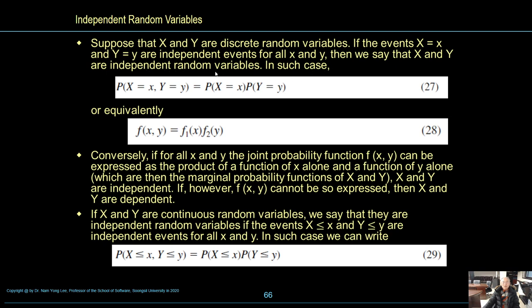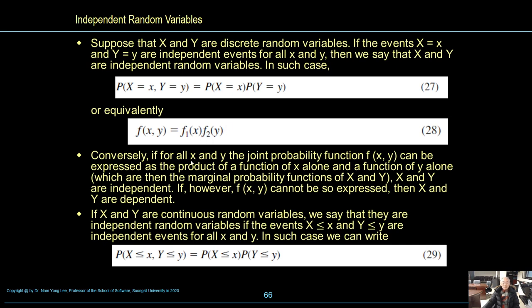In such case, the probability of X = x and Y = y is equal to the probability of X = x multiplied by the probability of Y = y. Or equivalently, f(x,y) is equal to f1(x) multiplied by f2(y).